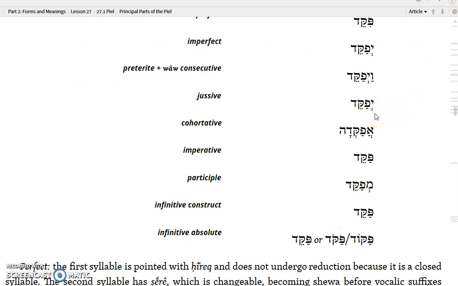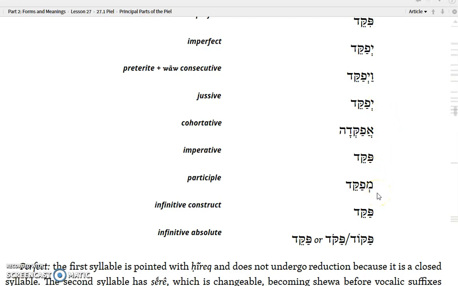And then the jussive is the same as the imperfect. The coordinative is similar, except with a qamets he at the end. Again, a shewa under the first consonant, although with an aleph it ends up being a hataf patah. So the coordinative form would be as shown. And then the imperative is the same as the second person jussive, dropping the tav.